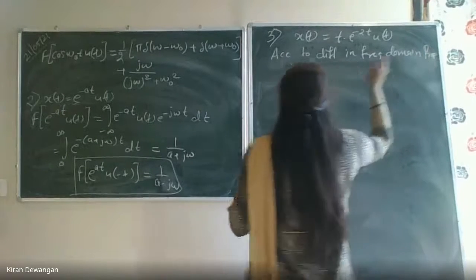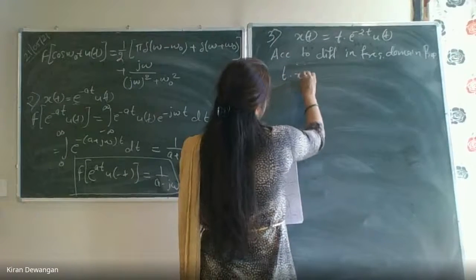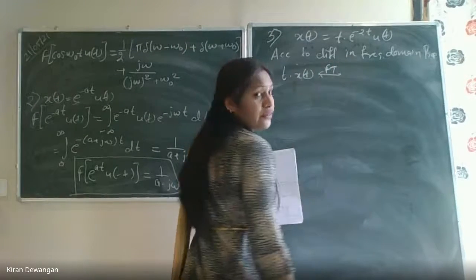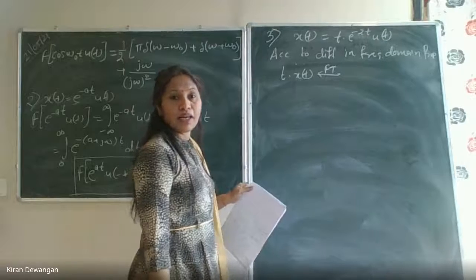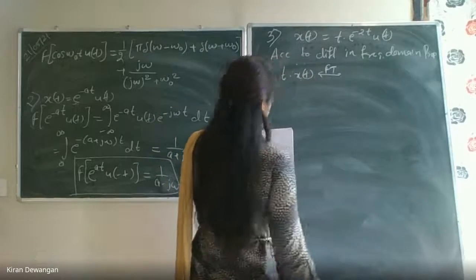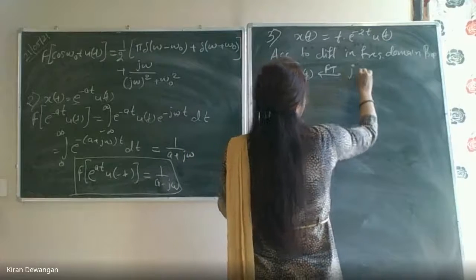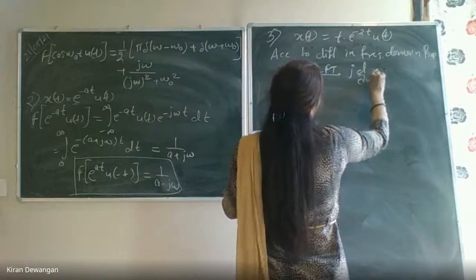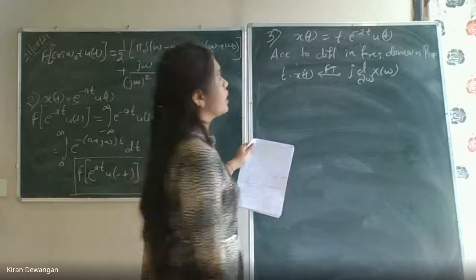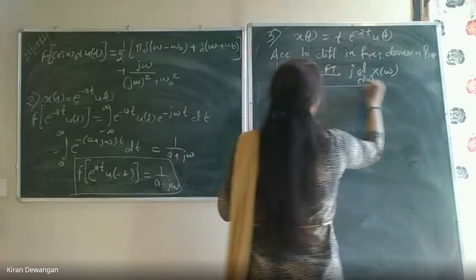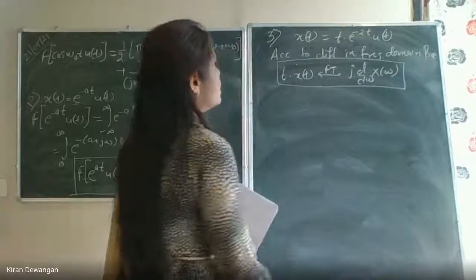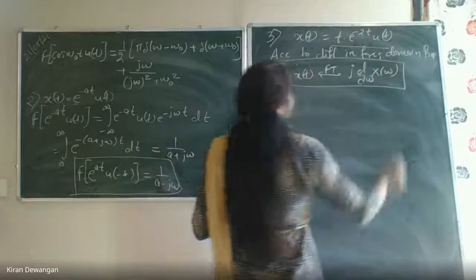Just recall, if t times x(t) we are taking, it will have Fourier transform, the property of differentiation in frequency domain, j times d by d omega of X of omega. So this we need to remember, that is the differentiation in frequency domain. So that is what is our question, t times x(t).